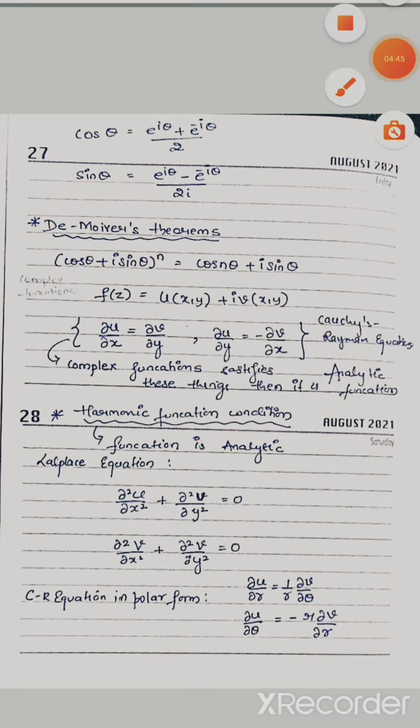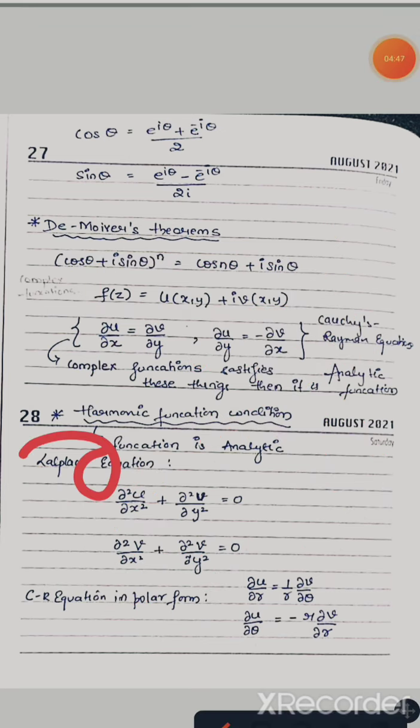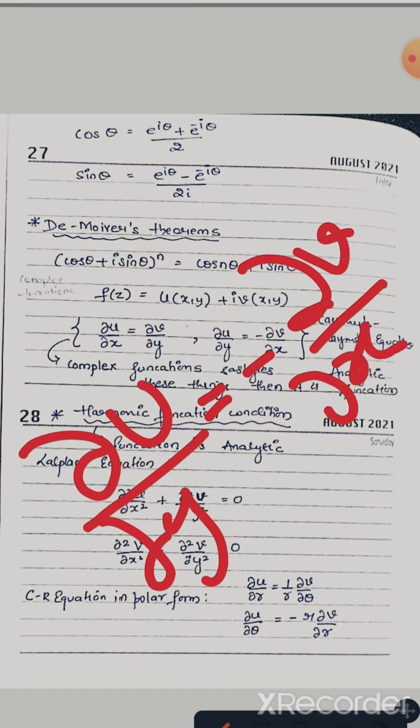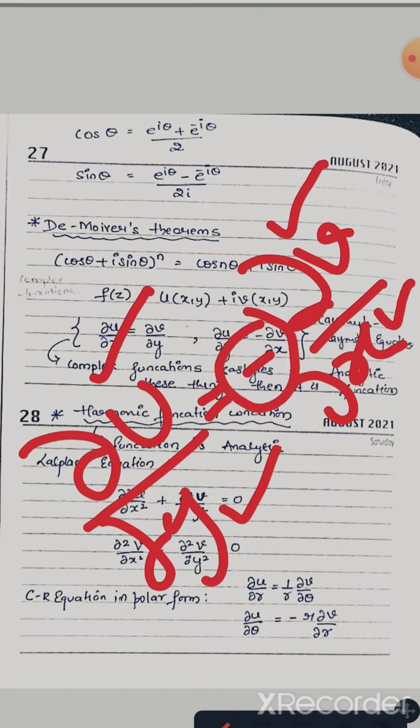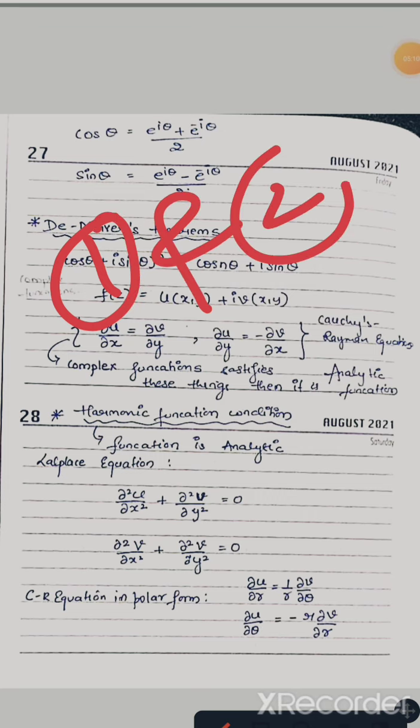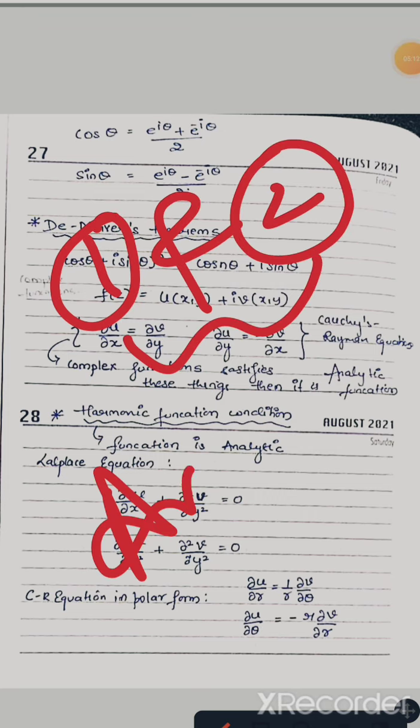And the second condition is dou u by dou y is equal to minus dou v by dou x, that is, when you partially differentiate the real part with respect to y and the imaginary part with respect to x with a negative sign, if you get that value, if it satisfies both condition 1 and the second equation, then your given function is analytic.